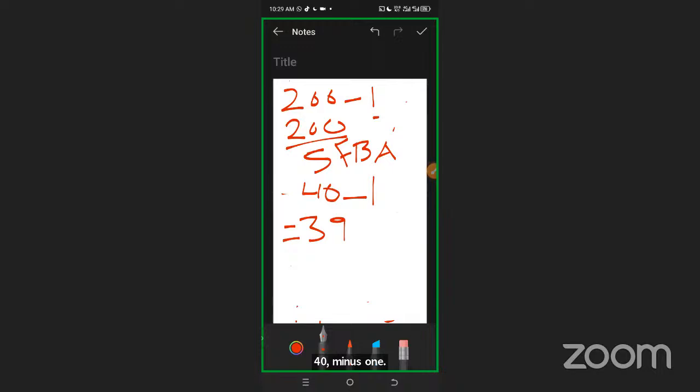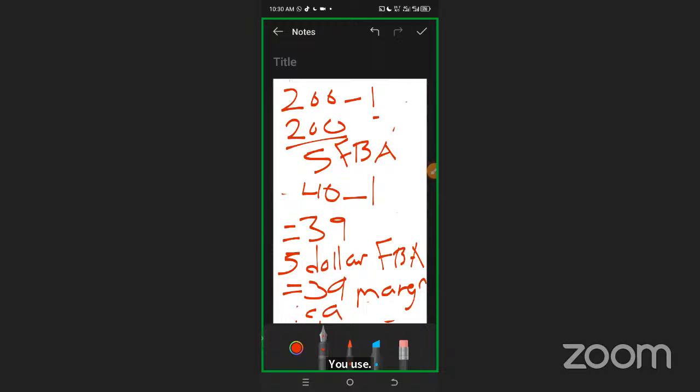That means using the start small and win big strategy, if you are trading with $200, you are going to use $5 as first buy-in amount. Then you use 39 margin calls.